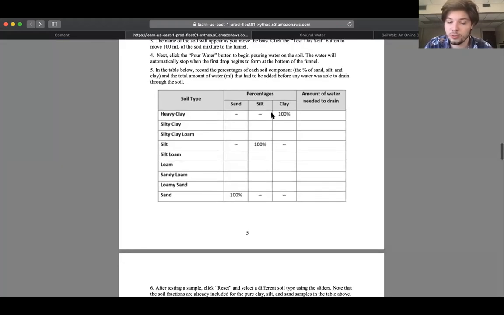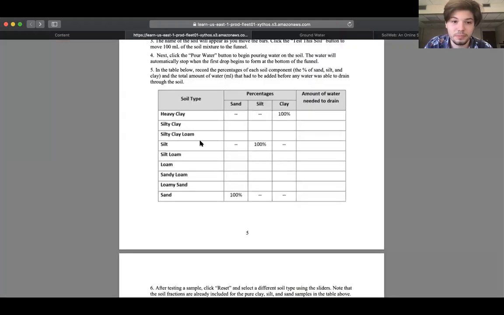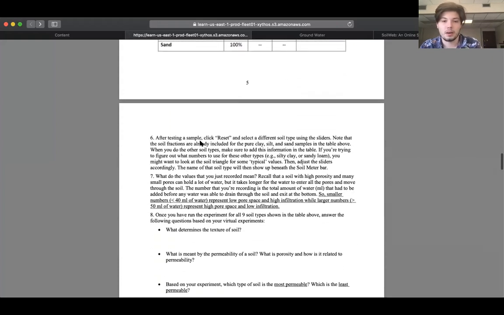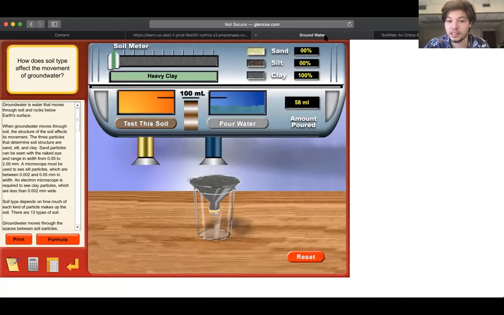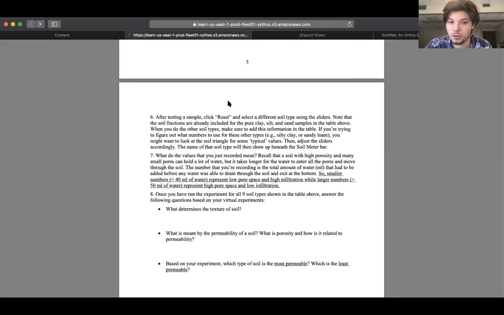So what you need to do for each of these is write the amount of water needed to drain and the percents given here for the soil samples as you do them. You're going to go through that. Oh, and when you want to move on to the next sample, you just hit reset, and then you move it to your next soil sample type.